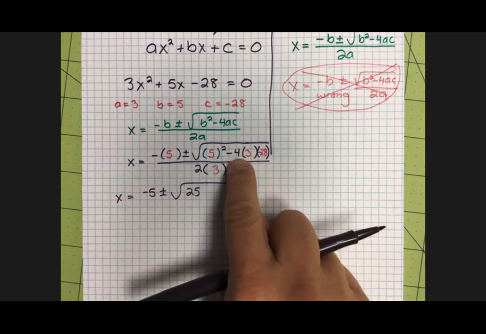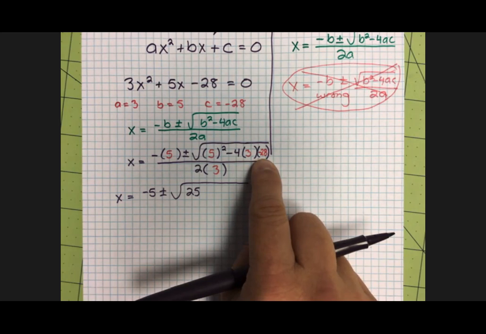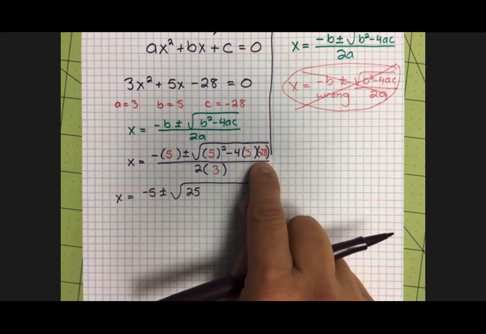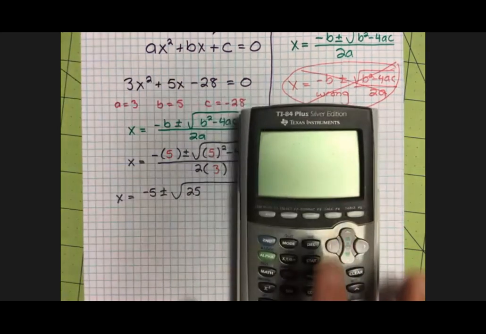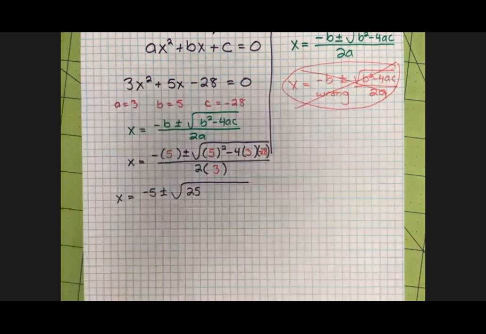Now what's 4 times 3 times 28? We actually did that earlier, didn't we? I actually typed that in the calculator earlier, but I think it was a 336. Yeah. 4 times 3 times 28 was a 336.